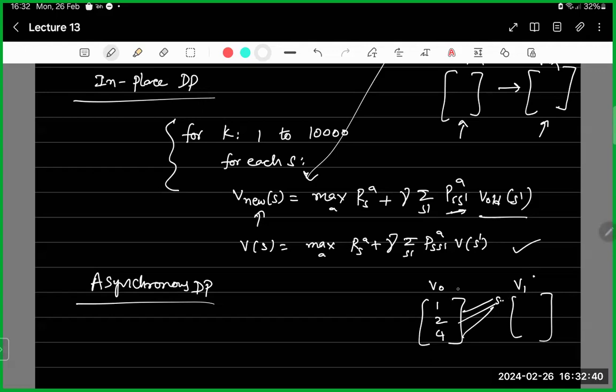V1 depends on these three values, right? Correct. So now I'll update the V1 based on these three values. Now let's say I get 2. Now when I'm updating this particular S, let's say this also has connections to all the three states. Now in this update rule, for V naught of this particular one, whether I have to use 1 or 2 now.